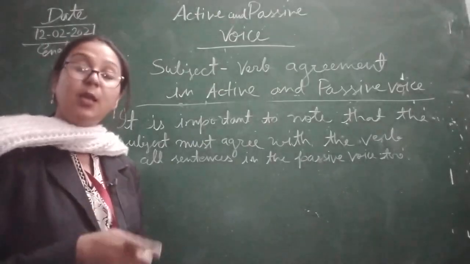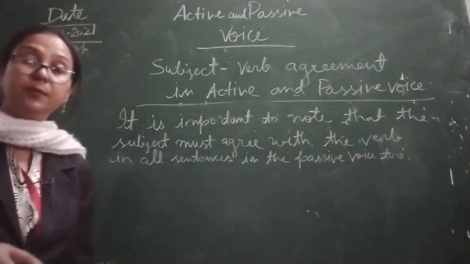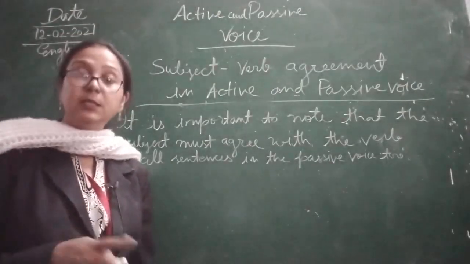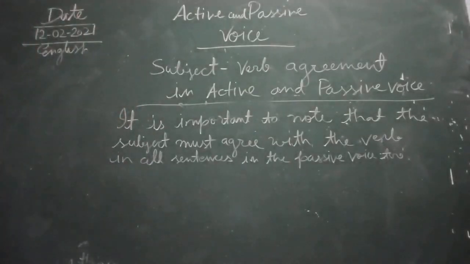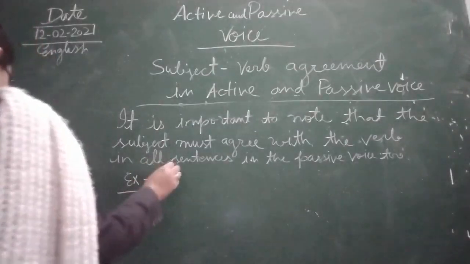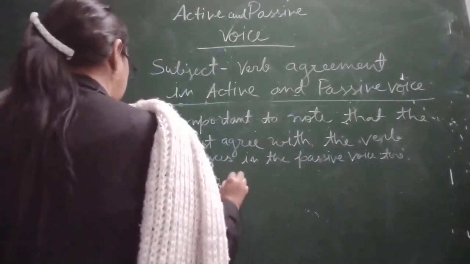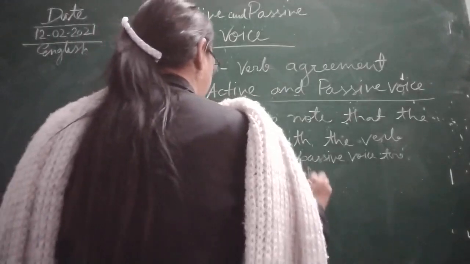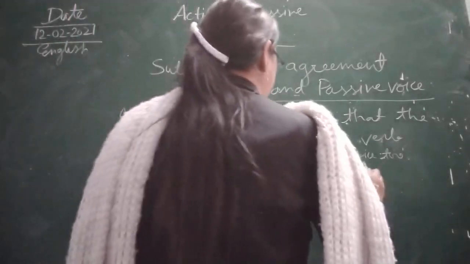So whenever you change active voice to passive voice, you will follow this rule, otherwise your sentence becomes wrong. Now children, I will give you one example of how we will change: the gown was stitched by the tailor.